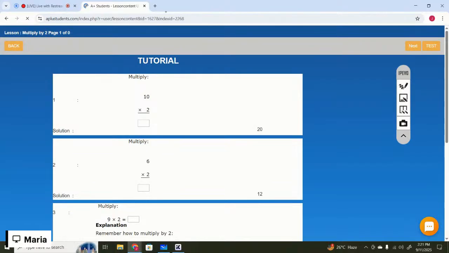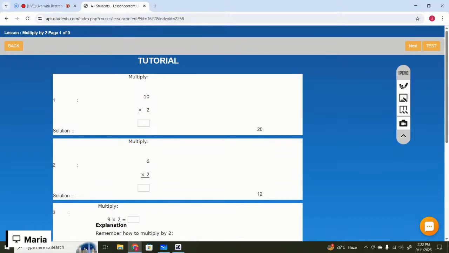10 times 2. It will be 2 times 0 is 0, and 2 times 1 is 2. Multiplication tables are very, very important. If you want to be perfect with maths, you need to be perfect with the multiplication tables.